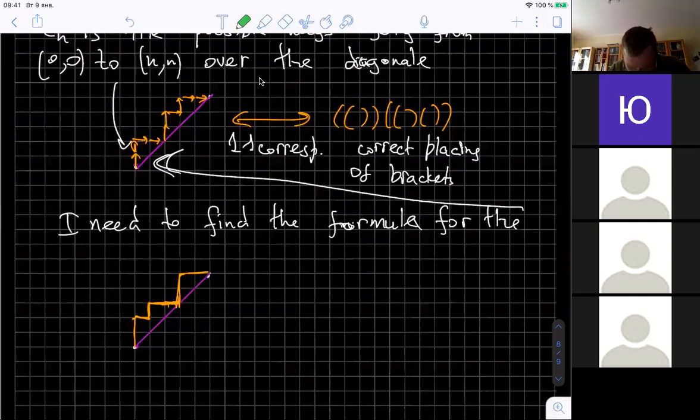So if I just move this diagonal, for example, shift it down by 1 point, then this route will be fully over the diagonal. And of course, I can take the additional construction.